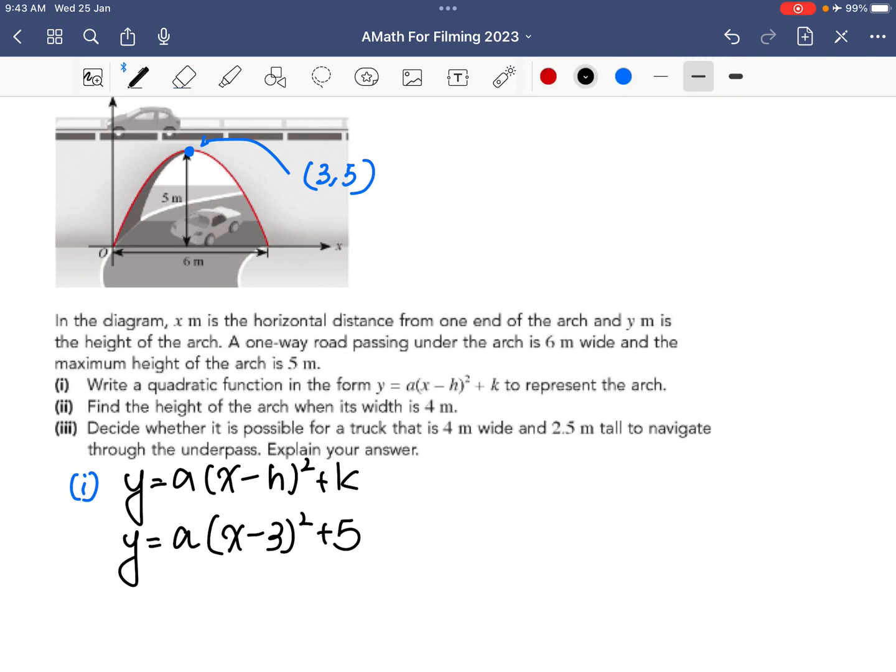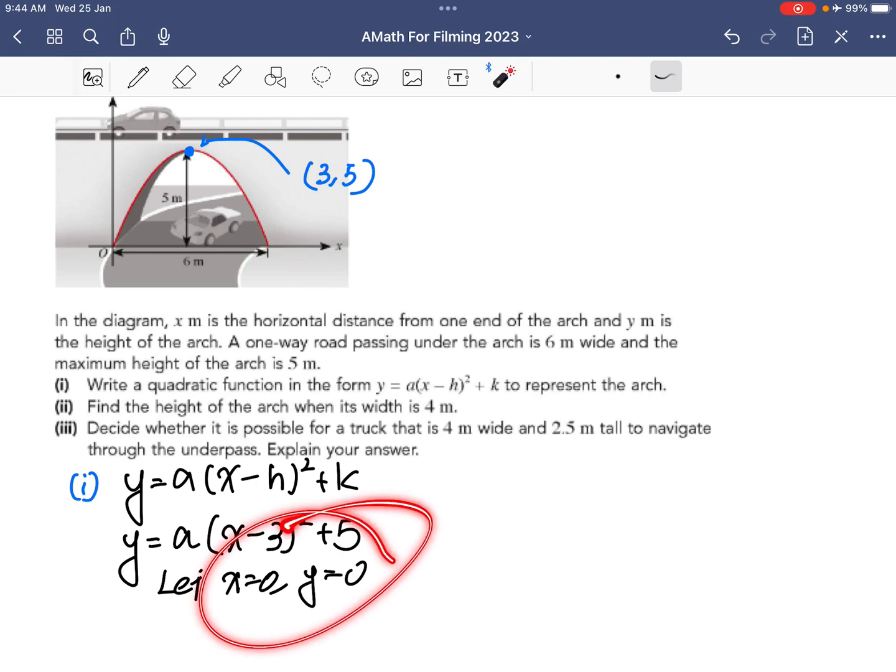Now, the next important idea is how am I going to find my a value? I know that my function passes through the coordinates (3, 5), or I can also use when x equals 0, y equals 0, because over here I know that when x is 0, my y value is also 0. So therefore what I can do is let x equal 0, y equal 0.